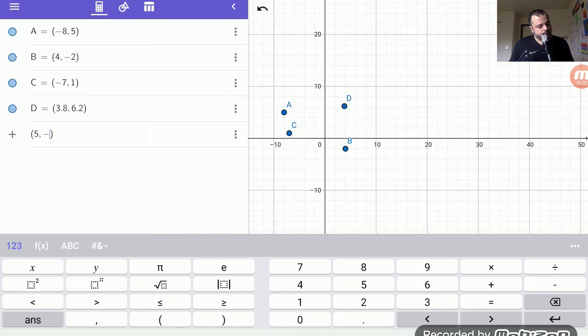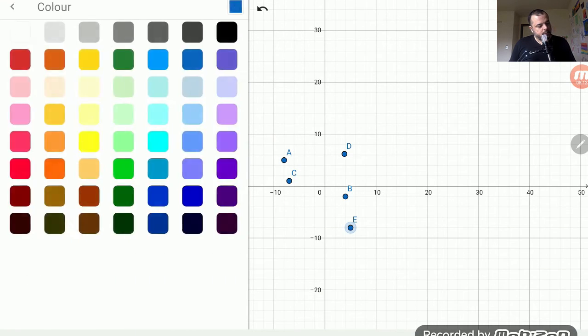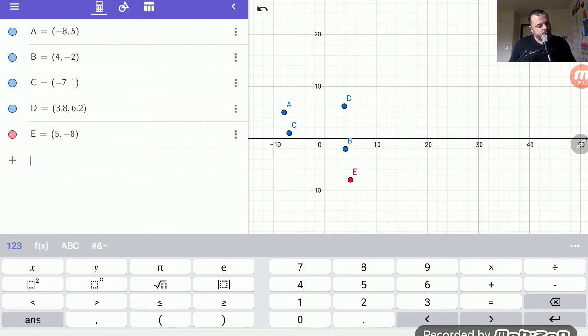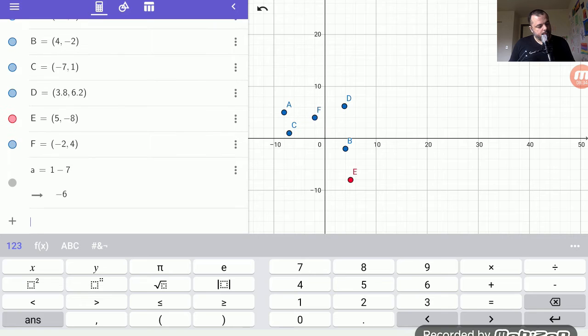For the second one, let's change the color to red. The other one is going to be -2, comma, 4, and the other one is going to be 1, -7.